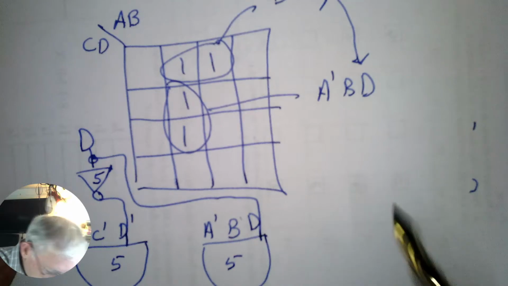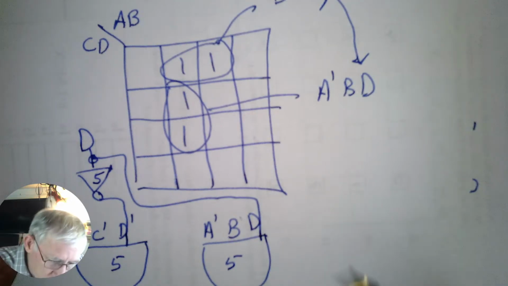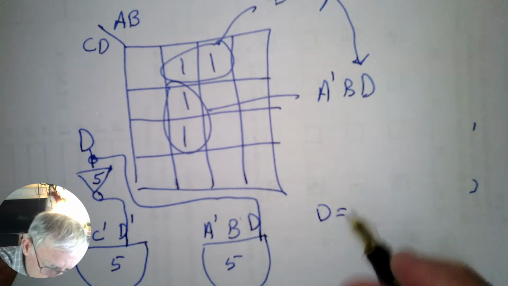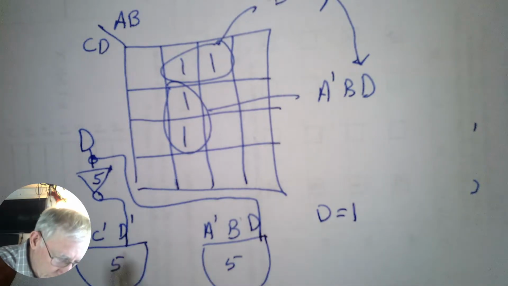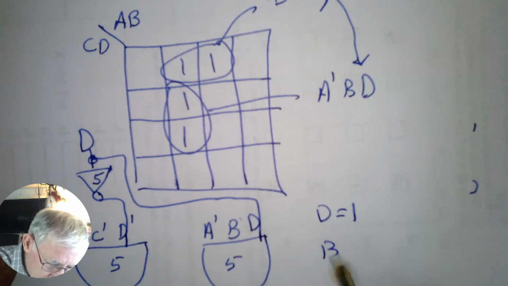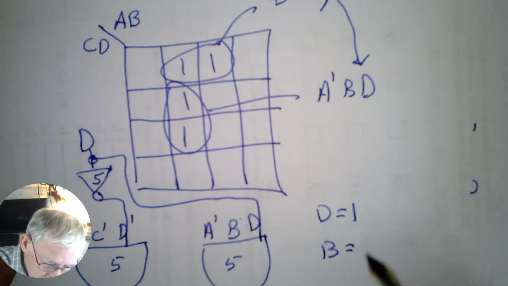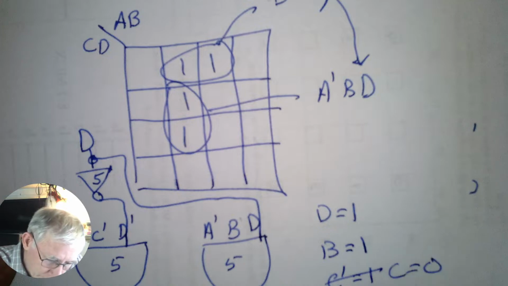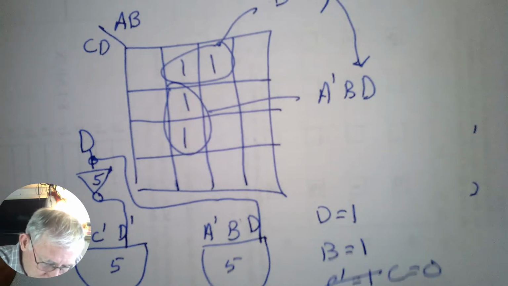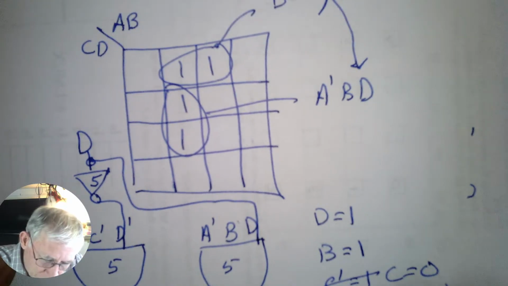Well, let's have the situation where D equals 1 and B equals 1, C prime equals 1, or C equals 0, and A equals 0, or A prime equals 1, however you want to write that.